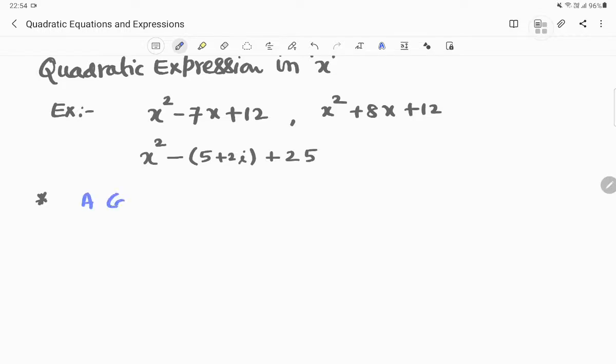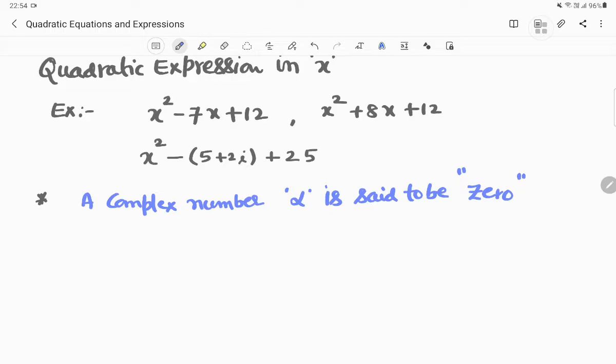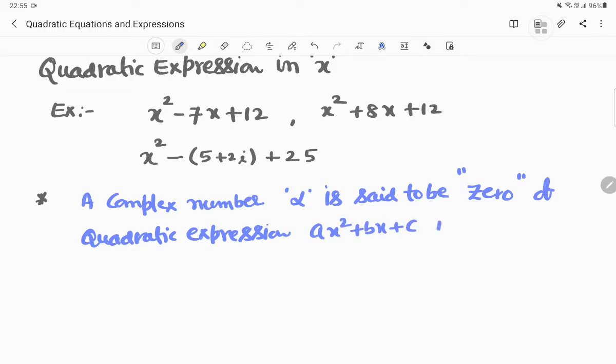A complex number alpha is said to be a zero or root of the quadratic expression ax square plus bx plus c if, in place of x, you substitute that value.